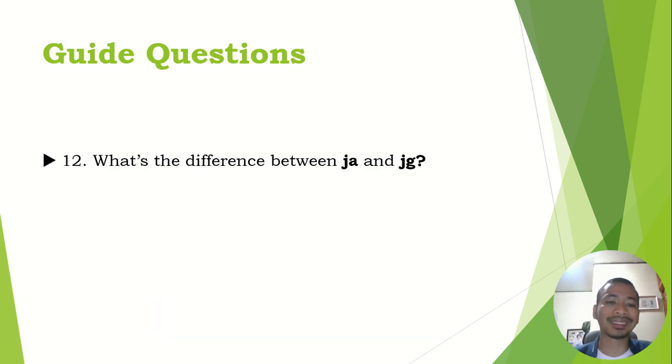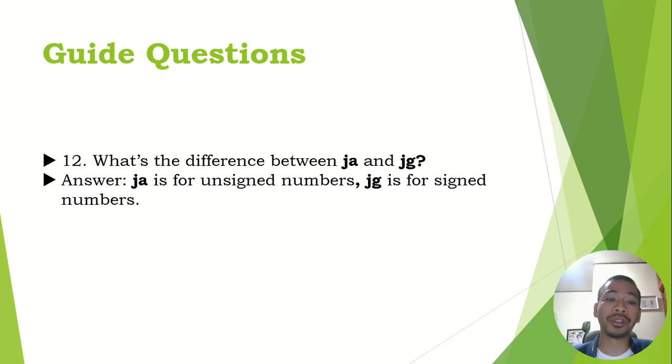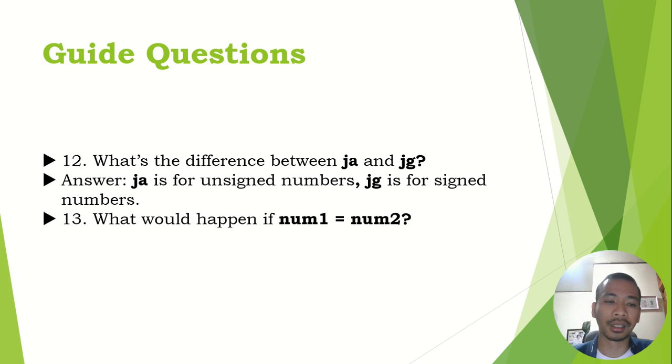And number 12, what's the difference between JA and JG? The answer is JA is used for unsigned numbers, and JG is used for signed numbers. And what would happen if num1 equals num2?